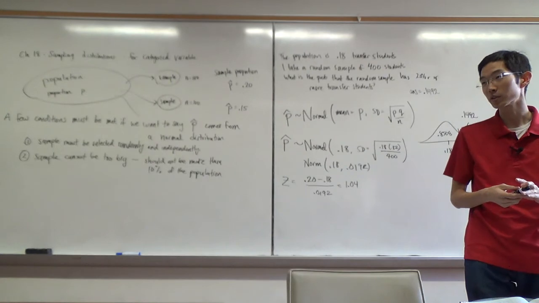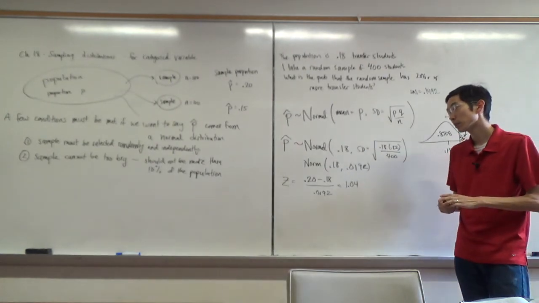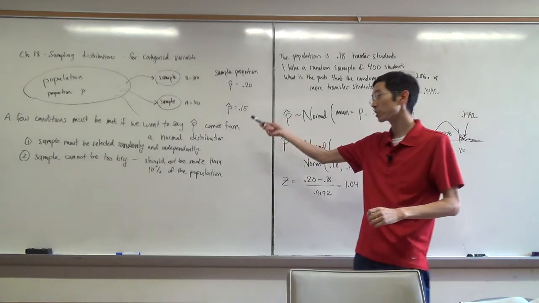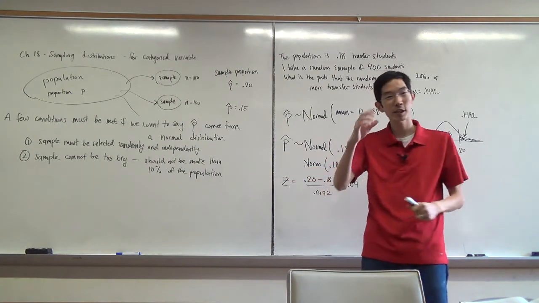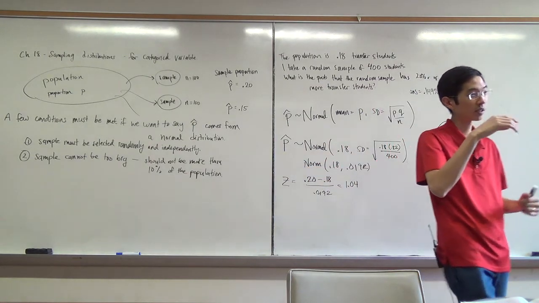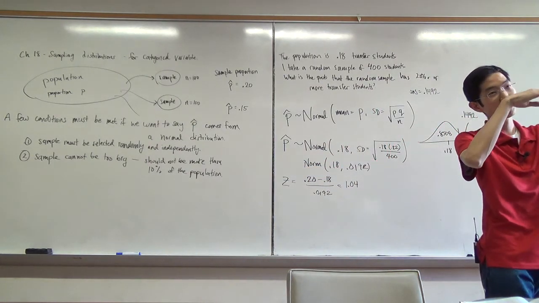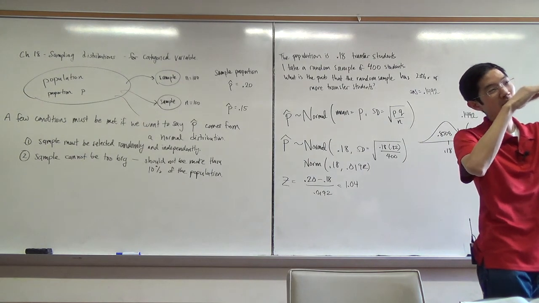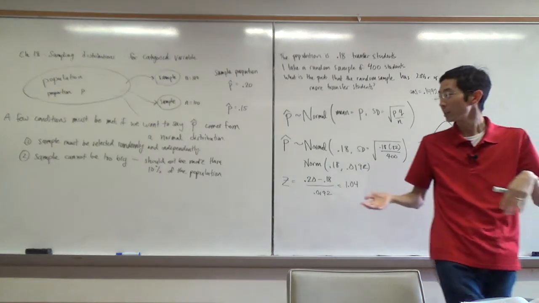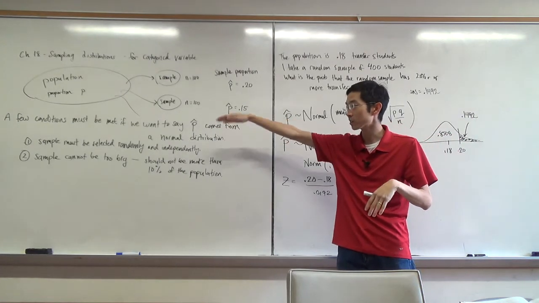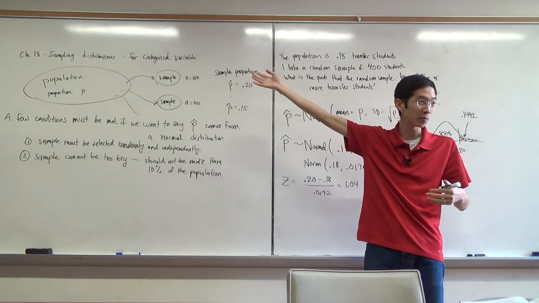The idea being that if the population is large and the amount you're sampling is less than 10%, the amount that the proportion changes is so small that we can just ignore it and assume that everything continues to still be 18%, or whatever p is.